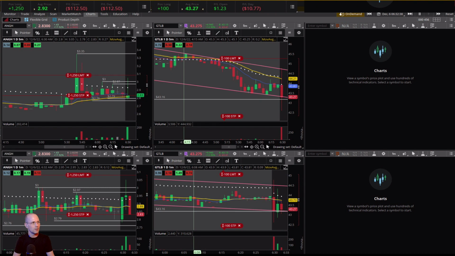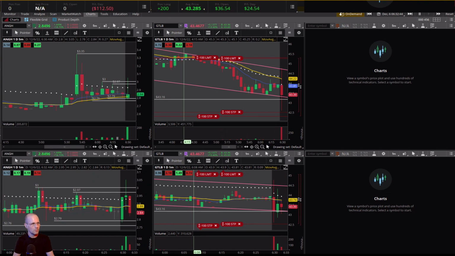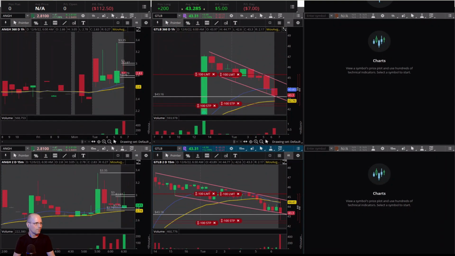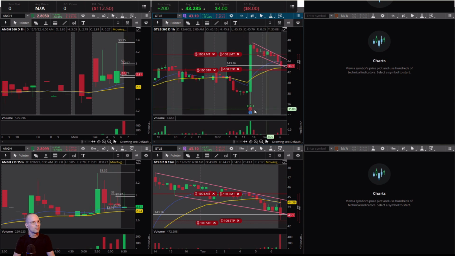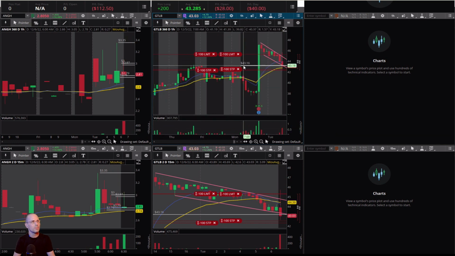I like the inside bar on GTLB, so I'm buying it. Okay, stopped out there on ANGH. Missed my opportunity. I wasn't quick enough to sell, and got stopped out on it. So that's fine. What I'm looking at on GTLB, larger time frame, is this pivot back here.